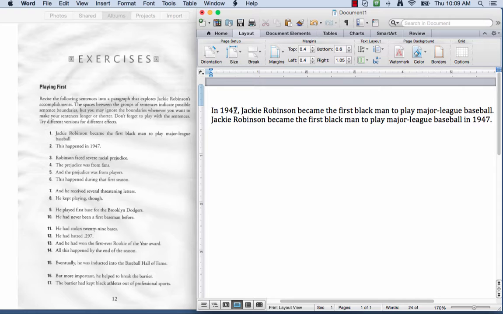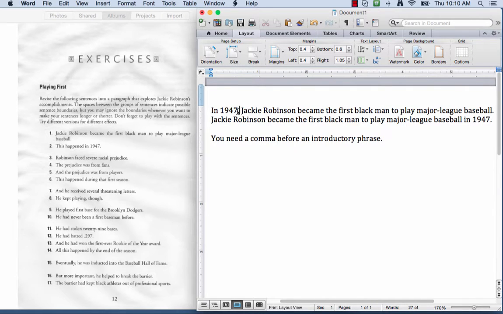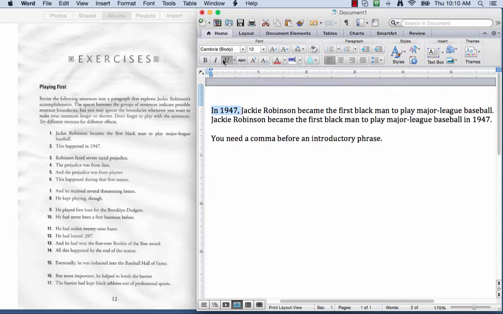If I put it first, I will. If I put it in the end, I won't. So remember that the first comma thing we're talking about is you need a comma before an introductory phrase. And in this case, it's in 1947. Okay.